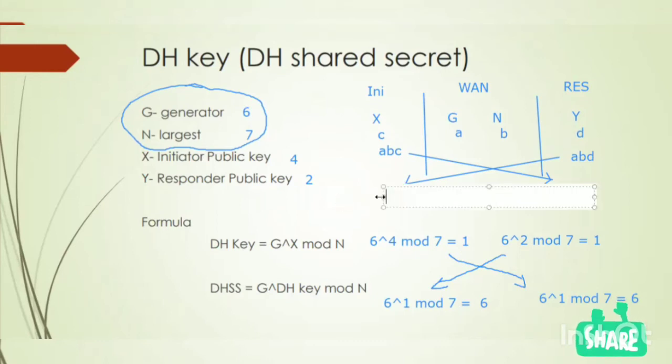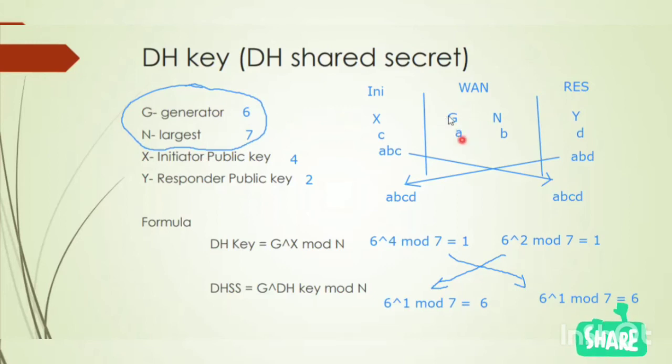They got A, B, D, so A, B, C, D. Here they got A, B, C. Now I will add the D value. So A, B, C, D. So now both have the same DH shared secret. This is the concept they follow.